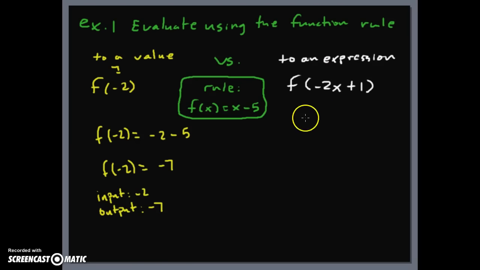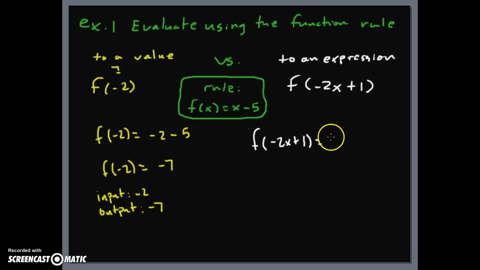Now, same idea, except now we've got a variable, so the outcome isn't going to be a single value like it was in this example. So we've got f of negative 2x plus 1 equals, and we're going to put in our input, which is negative 2x plus 1, in for all the x's that we see.